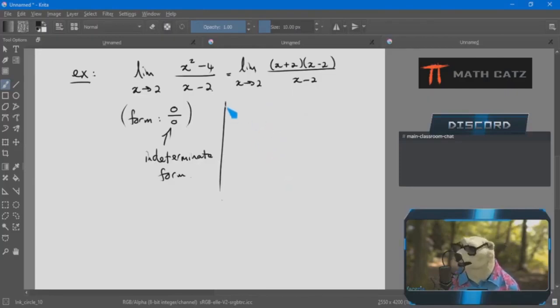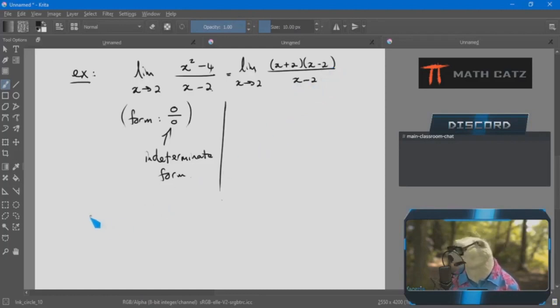So now what is this telling me here? This function, I can see a little bit more clearly that the x minus 2 factor appears at the top as well.